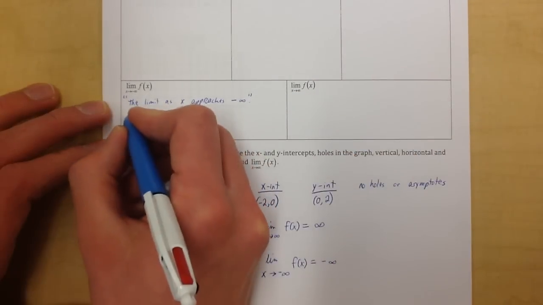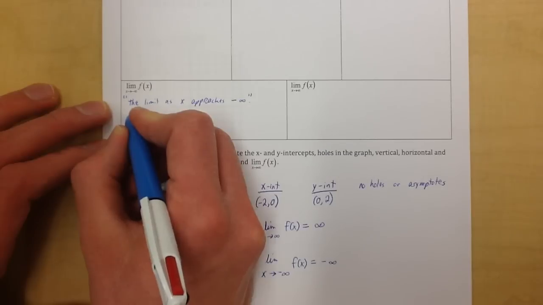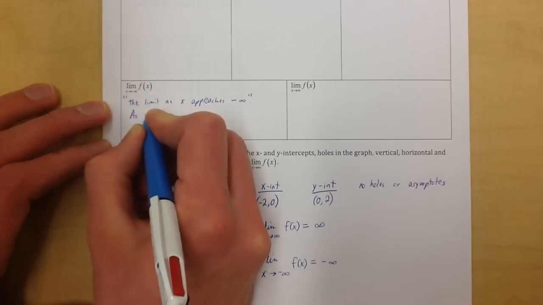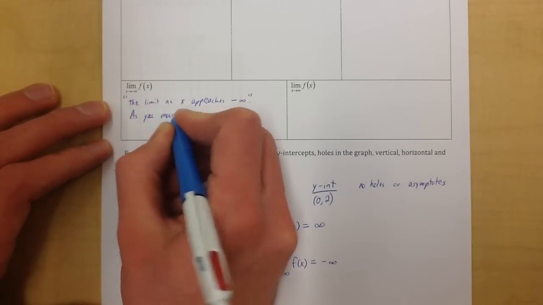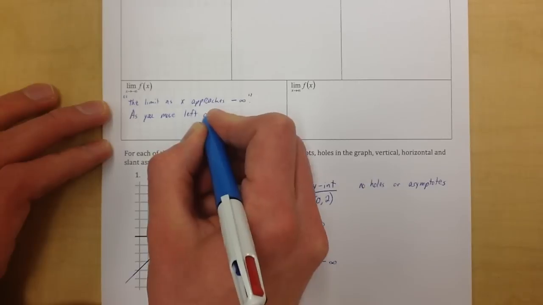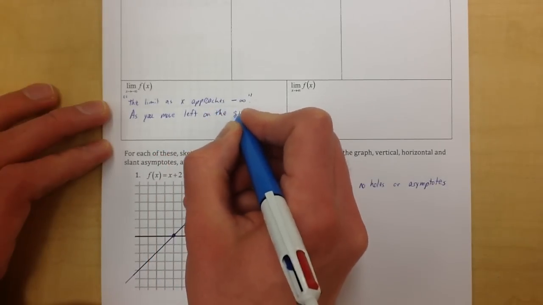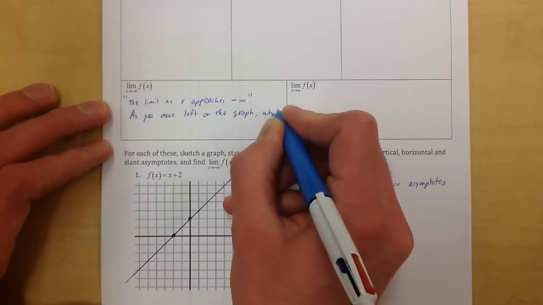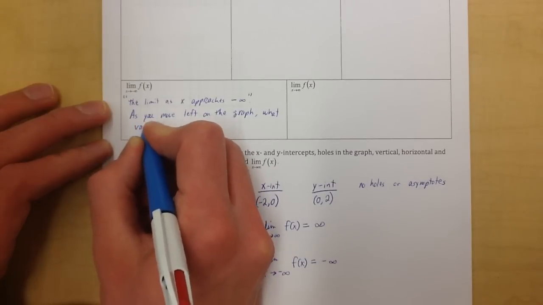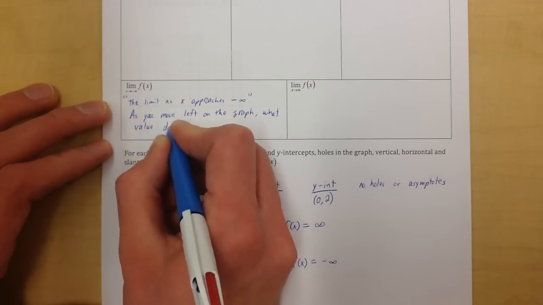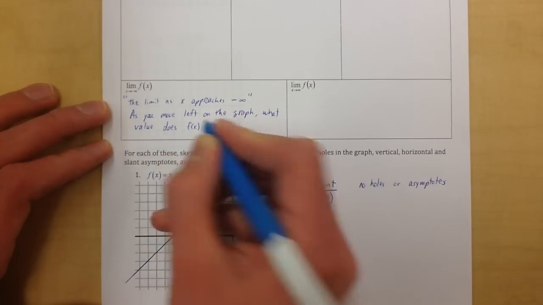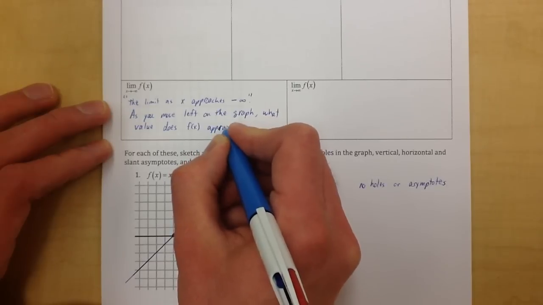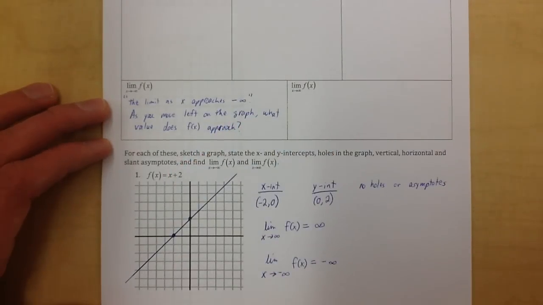So the real question is, as you move left on the graph, what value does f of x, or y, approach? That's the question that goes with that one.